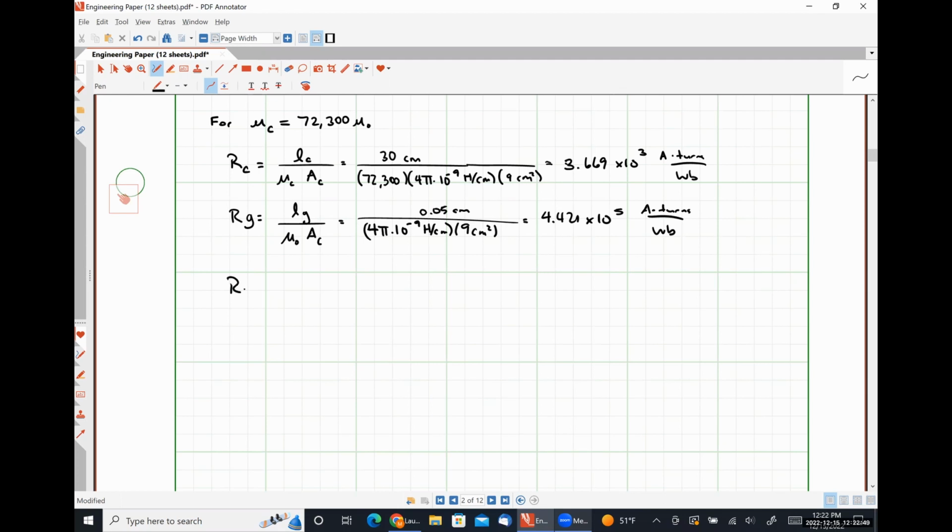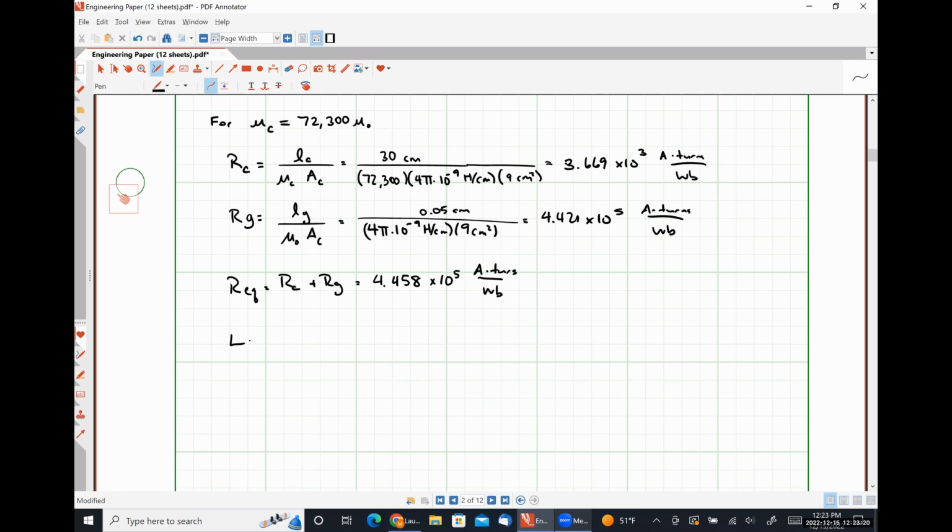And the equivalent reluctance, RC plus RG, is 4.458 times 10 to the 5 amp turns per Weber.